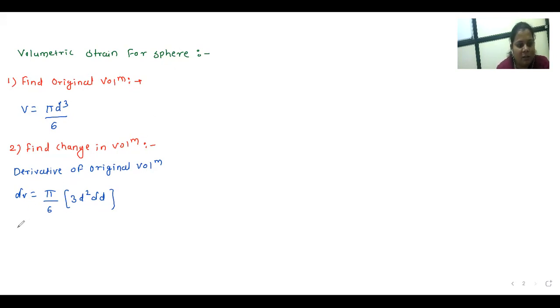After that, the next step is to find the volumetric strain. The basic formula for volumetric strain is epsilon V equals del V upon V. We will put the values here.